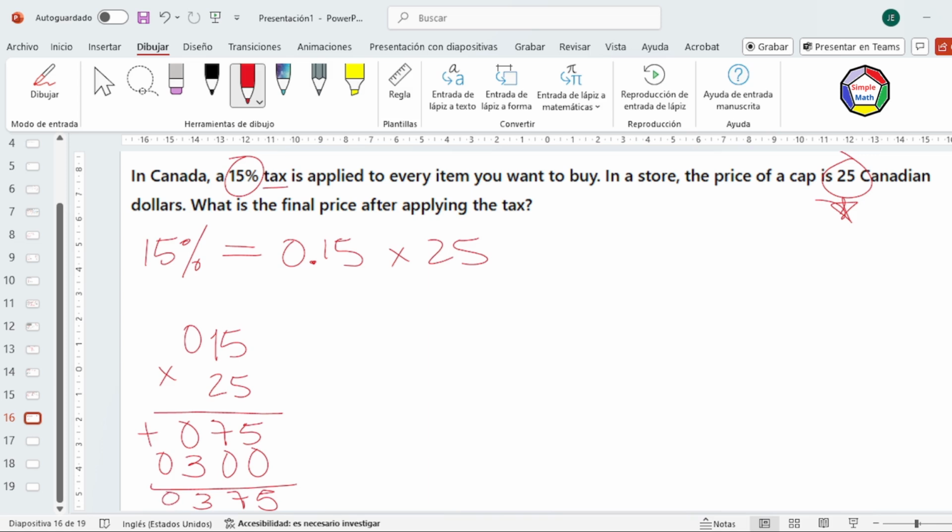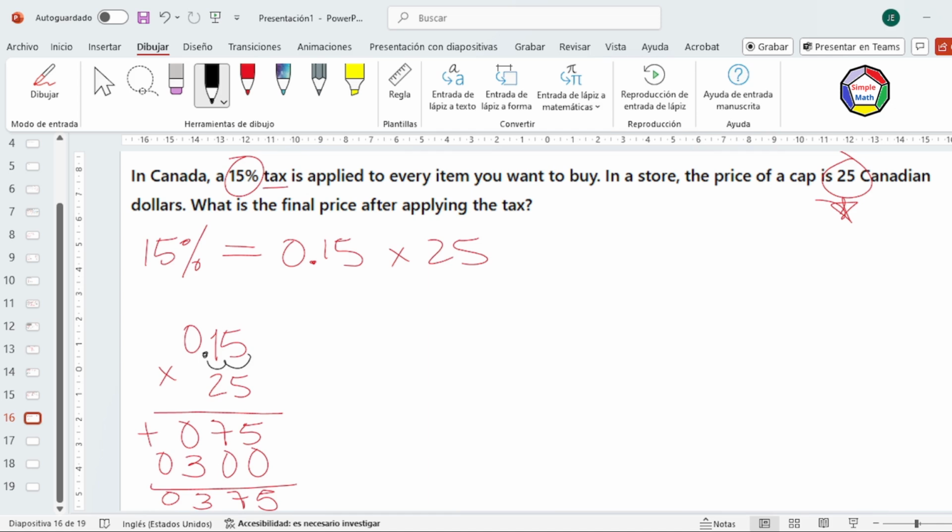So at the end, I place my decimal point to know how many decimal places I have to move for the final answer. Sorry, I made a mistake here. It's 0.15, so I have to move 2 decimal places.